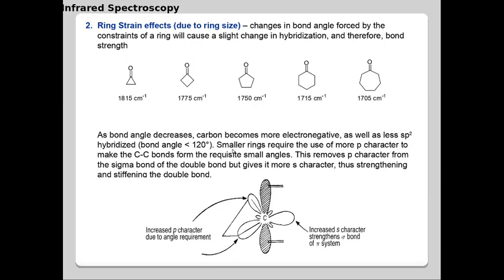Because if you consider the hybridization picture here, if you consider this one as the carbonyl carbon and this shaded orbital as the hybrid orbital that forms a sigma bond, the carbon-oxygen double bond here.